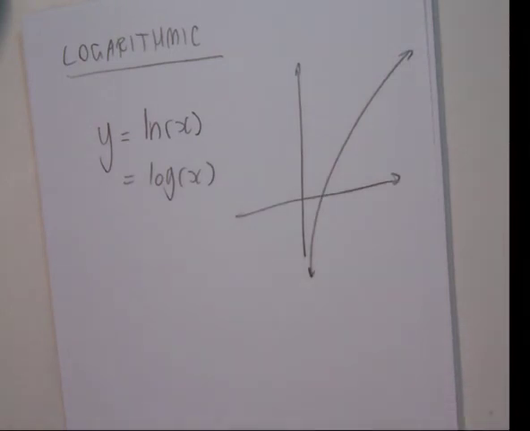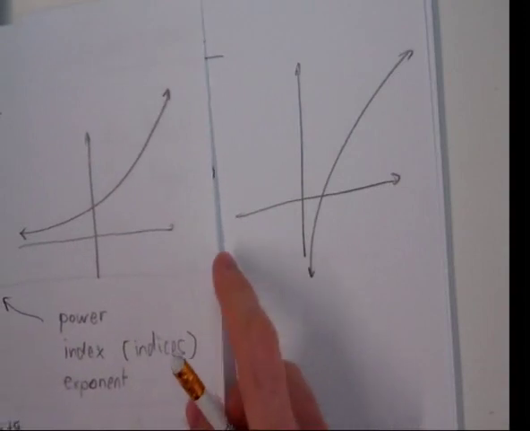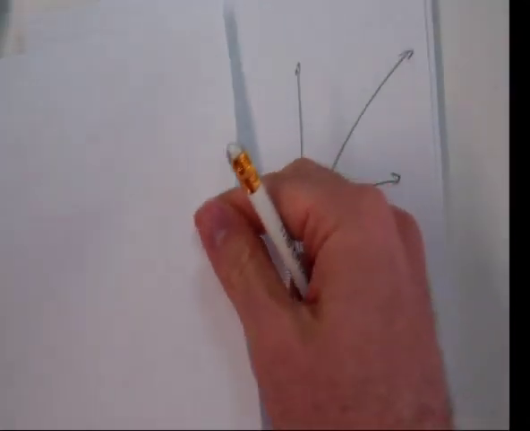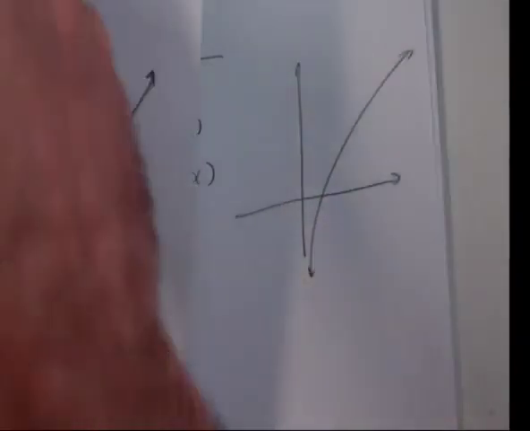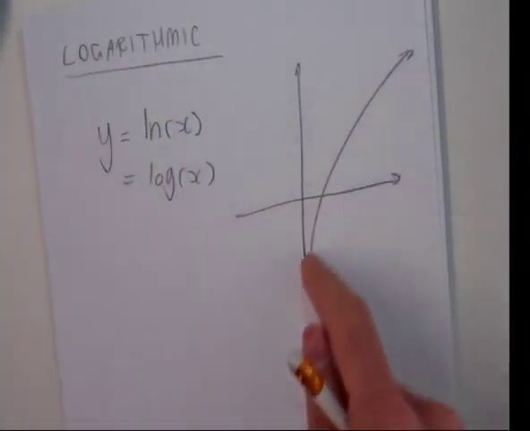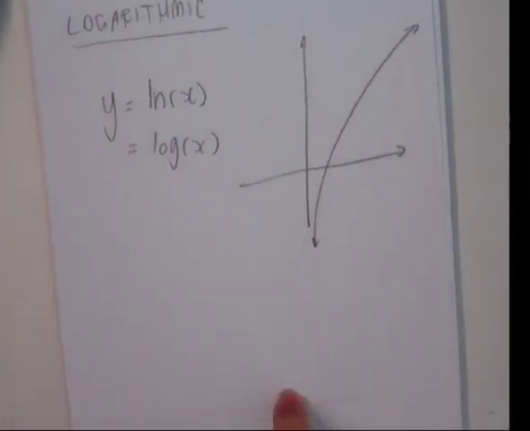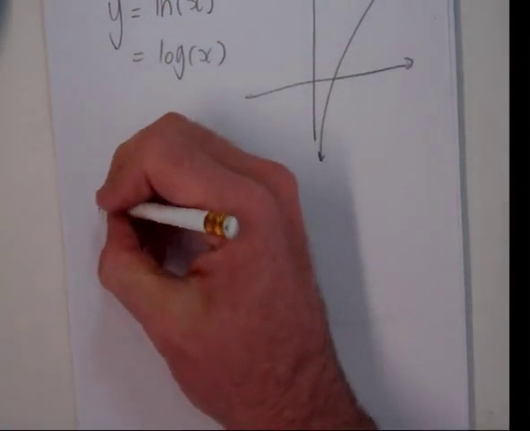It's the opposite to your exponential graph. So we take this exponential and we turn it this way. You can just see it through the paper there, see? So we actually flip the whole thing that way and it becomes a logarithmic curve. So just some notes.